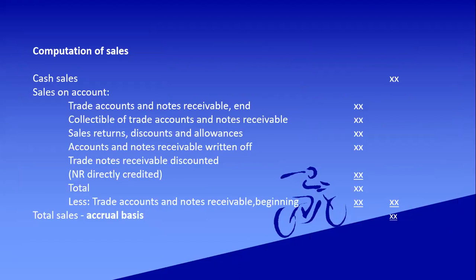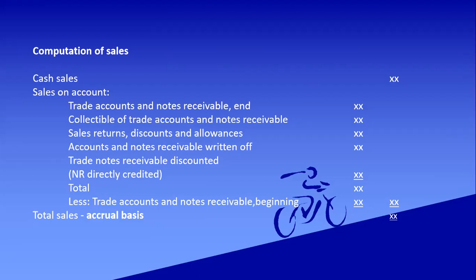Now we have the computation of sales. For sales, we have the cash sales. Then we add the sales on account, trade and notes receivable, and then we add collection of trade accounts and notes receivable, sales returns, allowances and discounts, accounts and notes receivable written off, and trade notes receivable discounted.